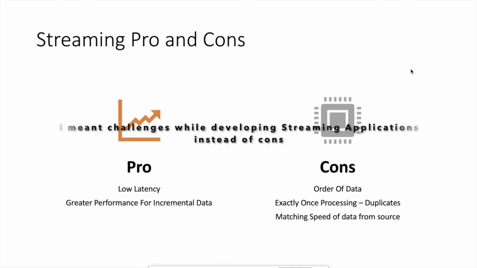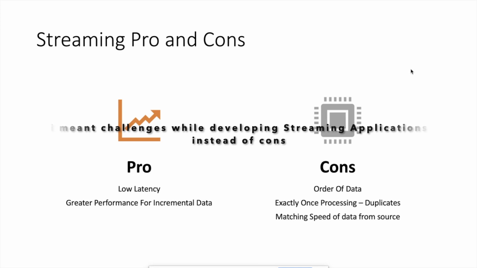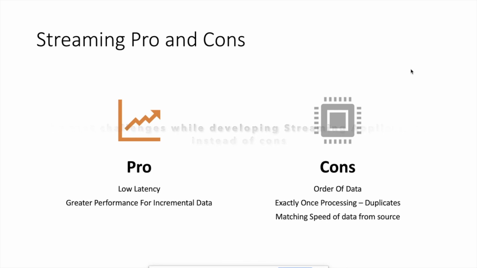Spark structured streaming solves that problem to some extent, but there is a bit of complexity attached to it in streaming applications as compared to a general batch application. The last one is that if your source is generating data very fast and your streaming application is not able to cope with that, then it could be a big problem.